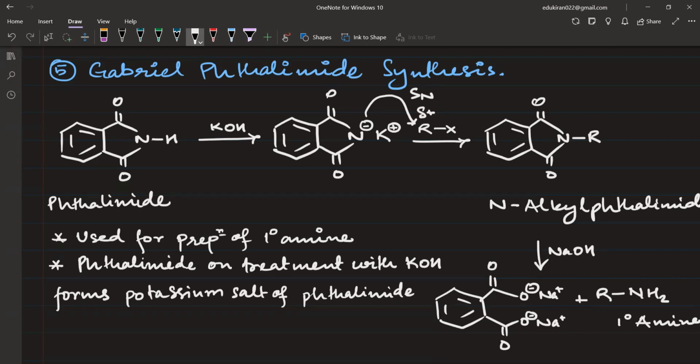Then what we are doing? Then we are treating it again with alkyl halide, and there is some heat required here in order to break this bond, this N minus and K plus.